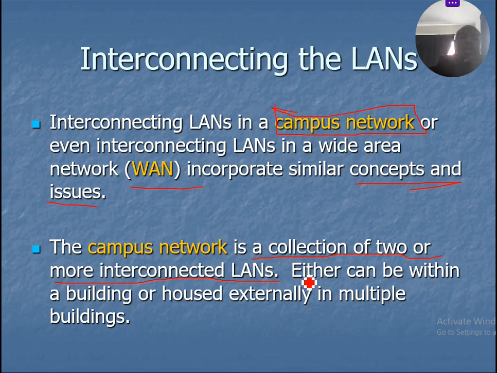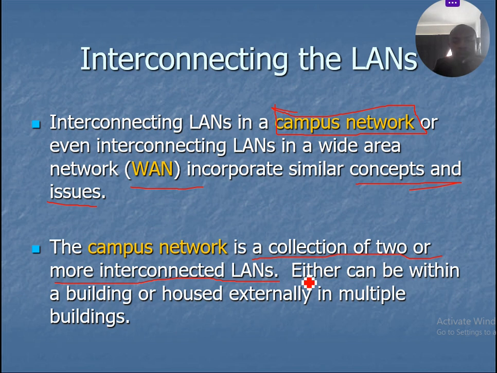In a campus, you need to connect, depending on the size of the campus. If the campus is small, then maybe two or three local area networks are sufficient to be connected together. But if the campus is huge, then you need multiple local area networks connected together in order to create the internet for the campus after you have linked with the service provider.